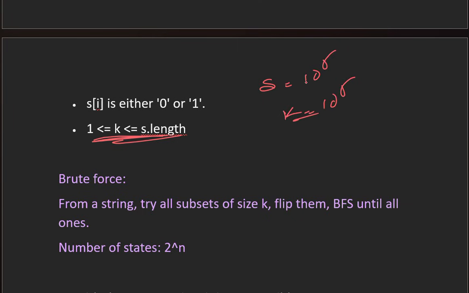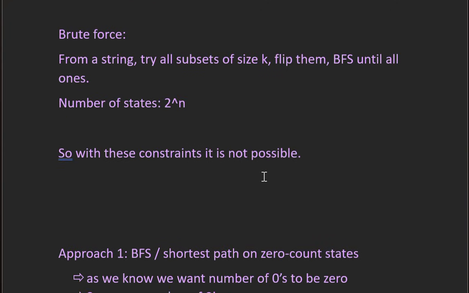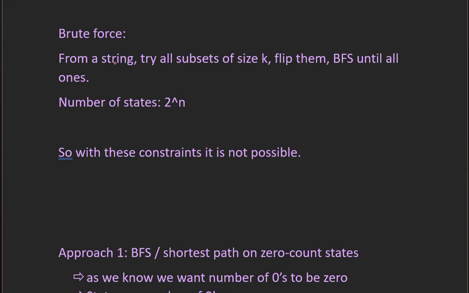So what can be the brute force approach for this problem? So brute force approach is, from a string we'll be trying all subsets of size k, right? And then we flip those subsets, and then we'll make a graph of all the possible subsets, and then we'll be applying BFS until we get all ones.